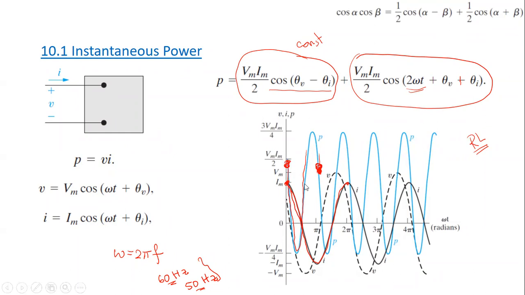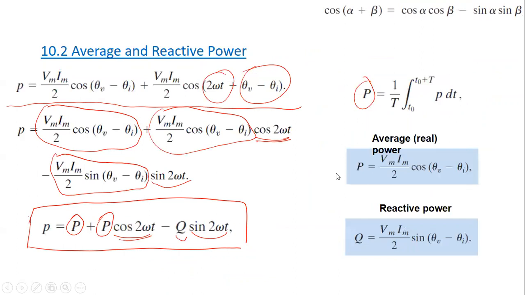If we integrate this power for one period from 0 to T, where capital T is time, from this point to this point, this will be the average power. If we integrate this formula mathematically, it gives the first component. So P, the average power, is equal to V maximum times I maximum divided by 2, times cosine of theta V minus theta I. This is what you need to know.